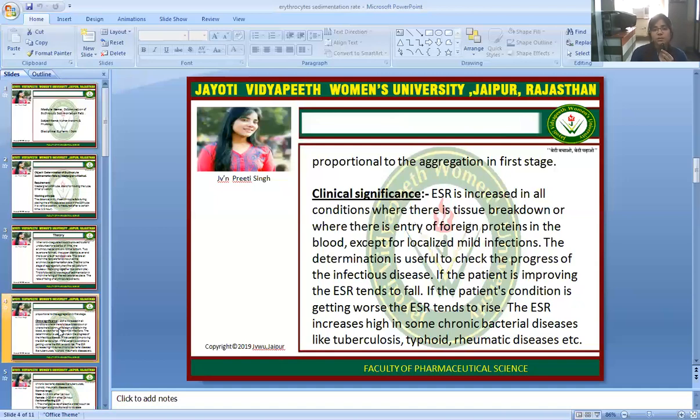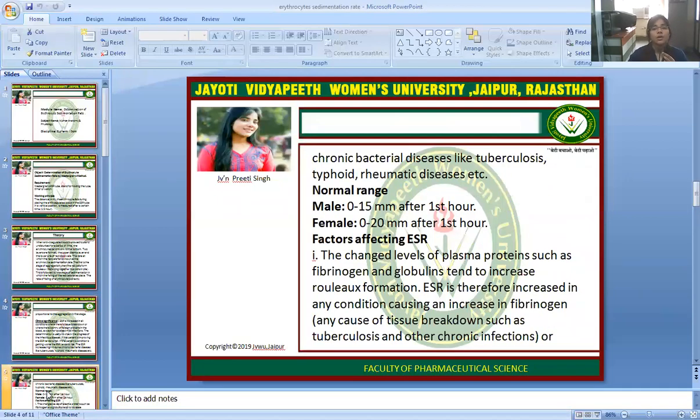If the patient is improving, the ESR tends to fall. If the patient's condition is getting worse, the ESR tends to rise. The ESR increases highly in some chronic bacterial diseases like tuberculosis, typhoid, and rheumatoid arthritis. So overall, this is the clinical significance of the ESR.